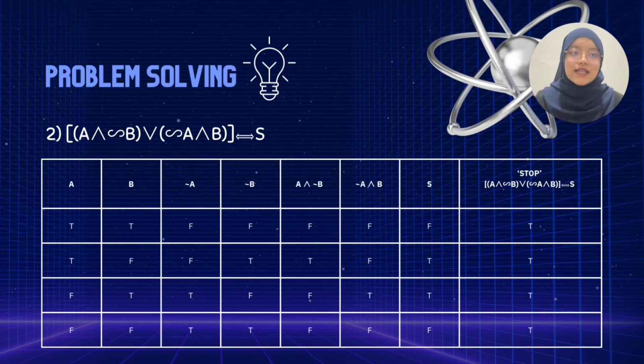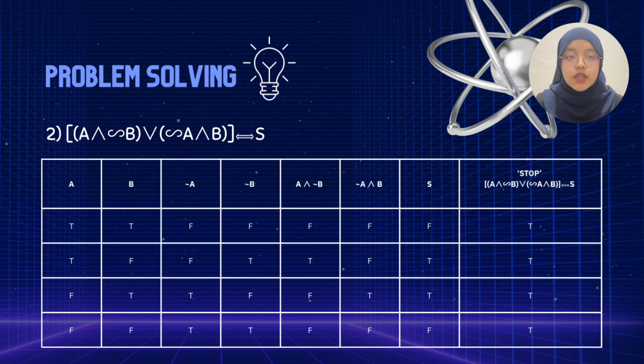Next problem solving is A and not B or not A and B is equivalent to S. And here we have 8 columns, and the first column is A, which is true, true, false, false. Second, B, true, false, true, false. Next, not A, false, false, true, true. Not B, false, true, false, true. A and not B, false, true, false, false.